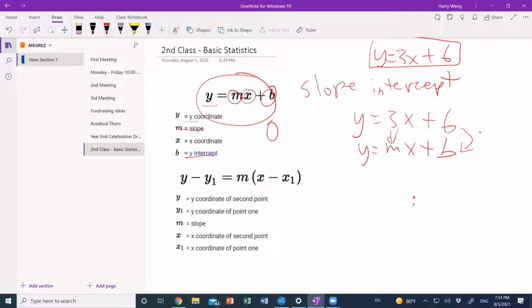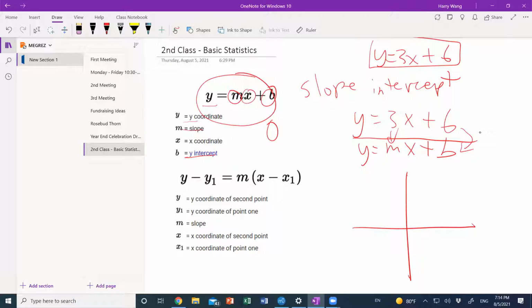And so for this equation specifically, y equals 3x plus 6, we know that the slope is 3, and we also know that the y-intercept is 6. Now, how do we put this into an actual line? We know that when this line crosses the y-axis, which is right here, the value will be 6.